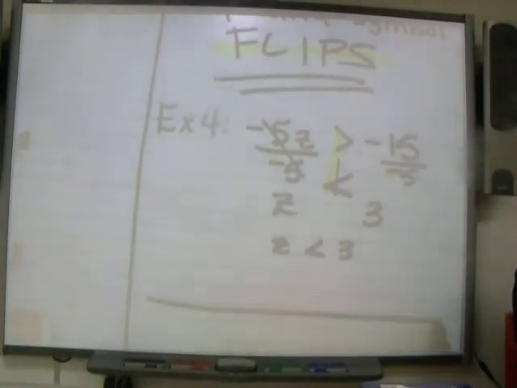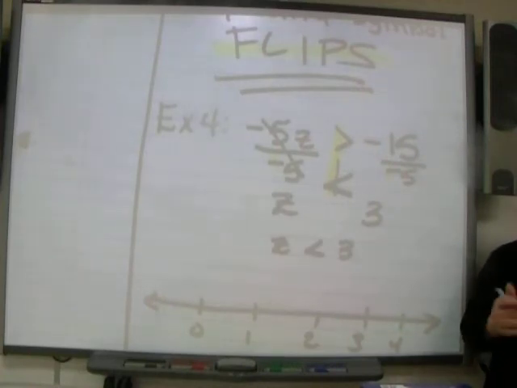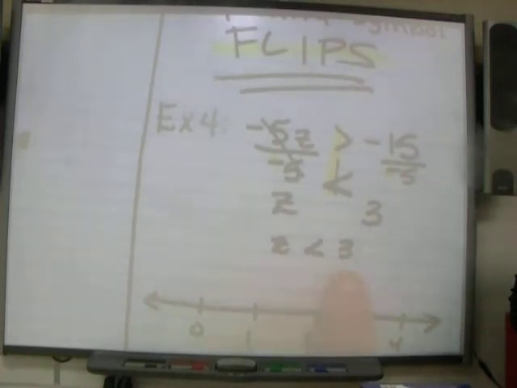We're still going to graph it the same way. Three is the number I want. That's where my circle goes. 3 is not part of the solution set. It does not say that z is less than or equal to. It just says it is less than.